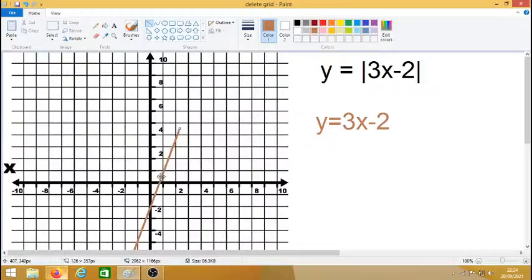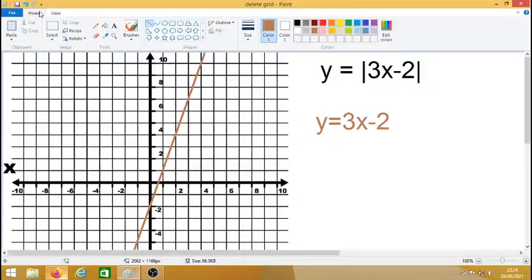So this is the kind of graph you would have done at GCSE. Let me just extend that. And if you've got a graphical calculator, then in the exam you can use that to help you. But that's about as far as you took it at GCSE.